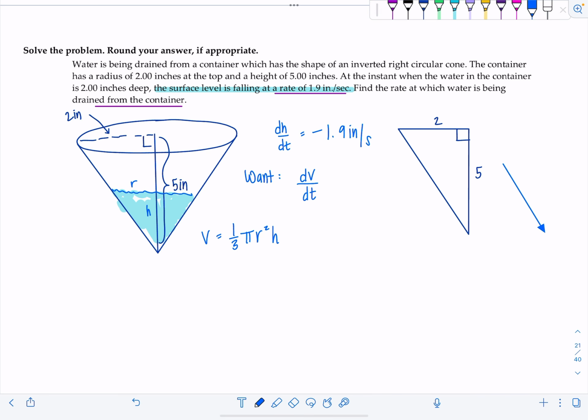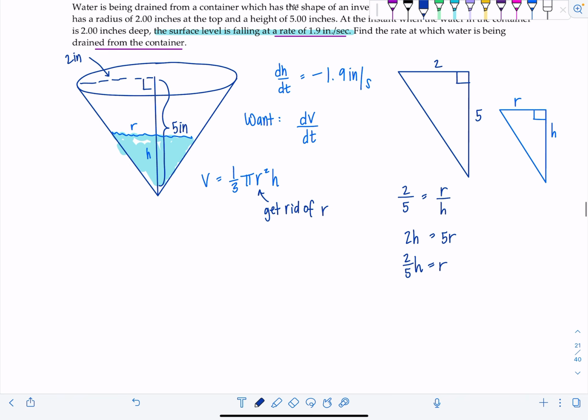As the water's being drained, we have a similar little right triangle that represents the arbitrary radius and height, okay? So similar triangles are in proportion, meaning I can write that 2 over 5 is equal to r over h. And remember, we want to get rid of this variable because we're only trying to work with h's and v's. So let's cross multiply: 2h equals 5r. So 2/5 h is r. And then we should be good to go.